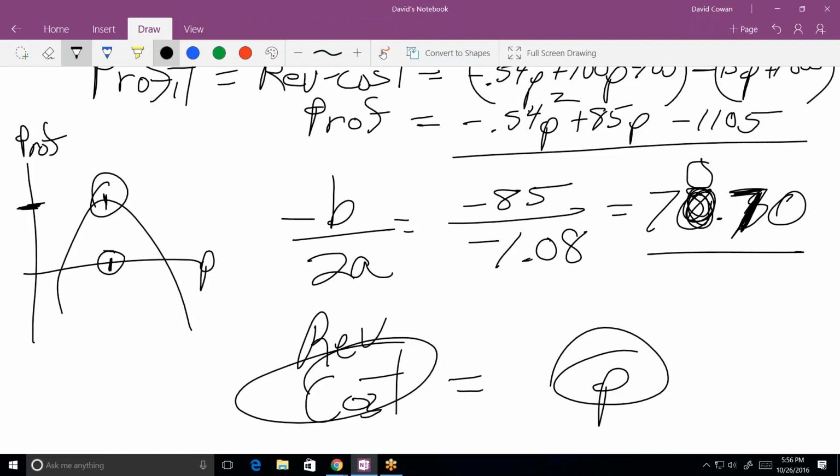Whatever the variable is in the quadratic is the horizontal axis, always. And the other axis is whatever's on the other side of the equation. In this case, it's profit. In the first problem, it was revenue.